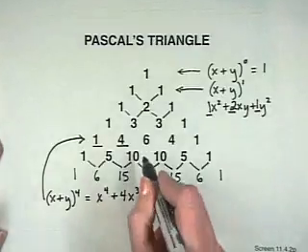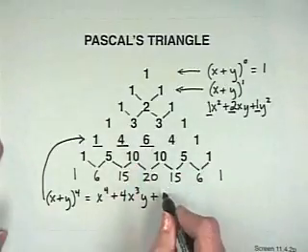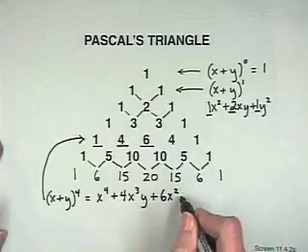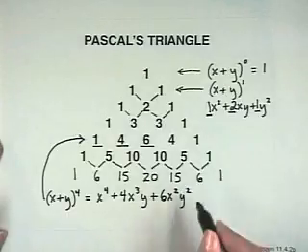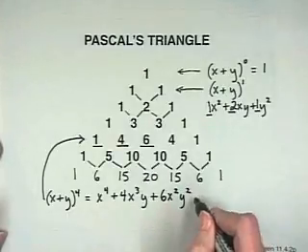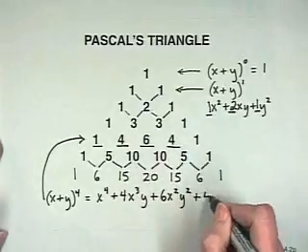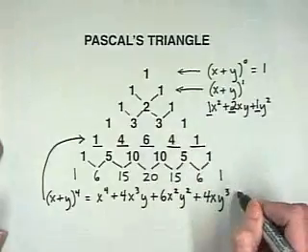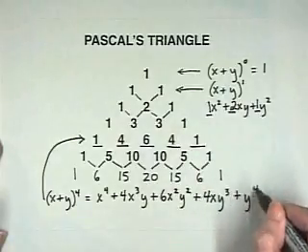Next, the coefficient will end up being the 6. We'll drop the power of x by 1, so that gives us x squared, and the power of y will start rising. Then we'll end up having 4x, y cubed, and finally, y to the fourth power.